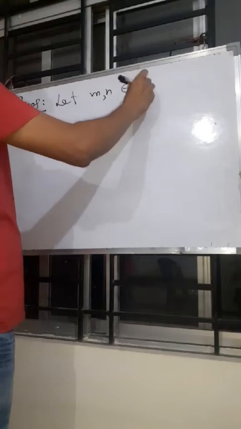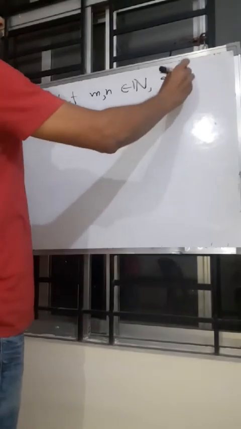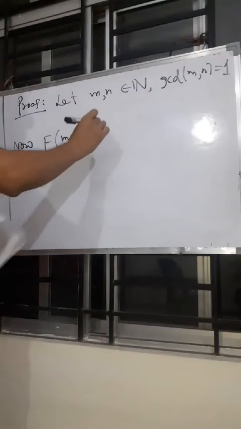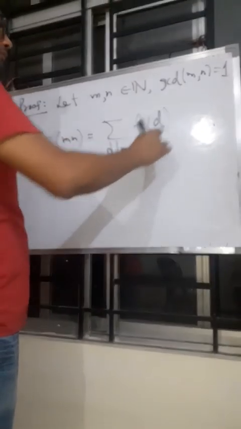Proof. Let m and n belong to N, GCD of m, n is 1. Now F of mn. Already by the previous result, GCD of m, n is 1.